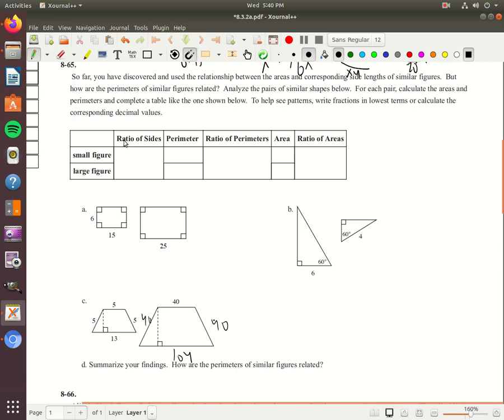So when I do my ratio of the sides, it's going to be 5 to 40, which ends up being 1 to 8. Now my perimeter here is 5, 10, 15, 28. Here it's 40, 80, 120. So I get 224, it looks like.